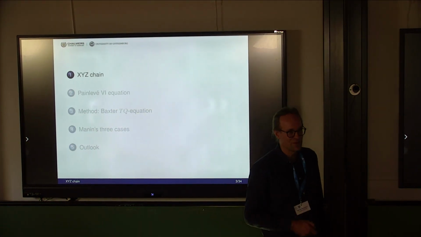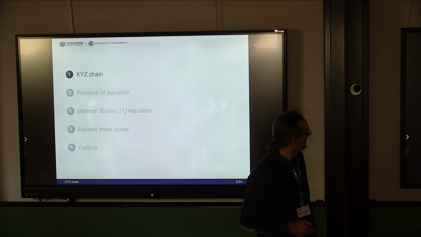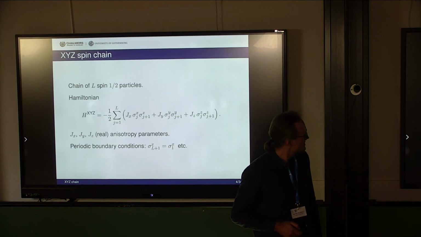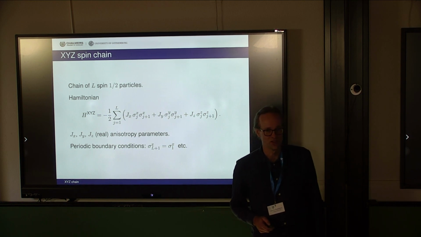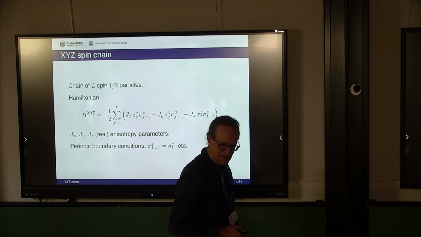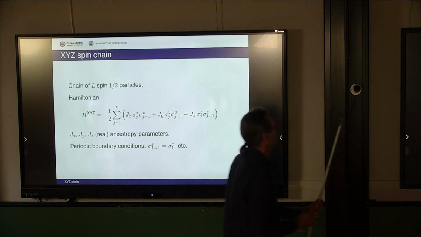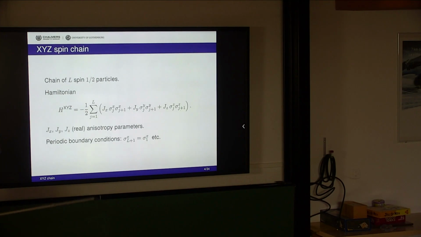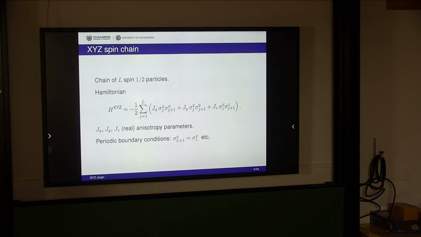Okay, so the plan is I will start with the XYZ chain and then move on to Painlevé and other stuff. I think we saw quite a lot of spin chains already, so you probably got a bit used to it, even if it's not what we're working with. The chain I'm talking about is a chain of length L of spin 1/2 particles, so each particle carries a two-dimensional Hilbert space.